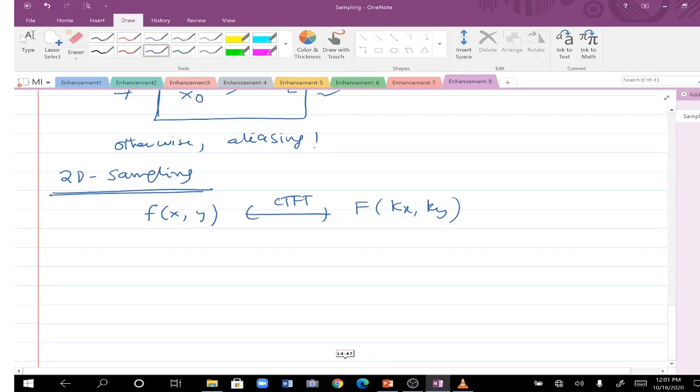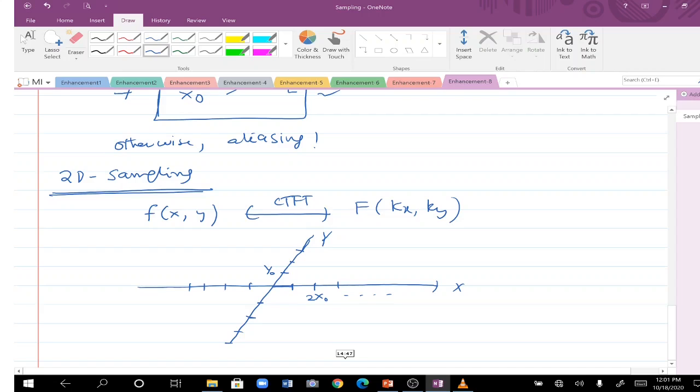Now you want to take samples of it in both the x and y directions. Say in the x direction I want to take samples with a spacing of, let's say, x naught, 2x naught, and so on, right? And in y, let's say I want to take samples with a spacing of y naught, 2y naught, and of course here minus y naught, minus 2y naught, and so on.